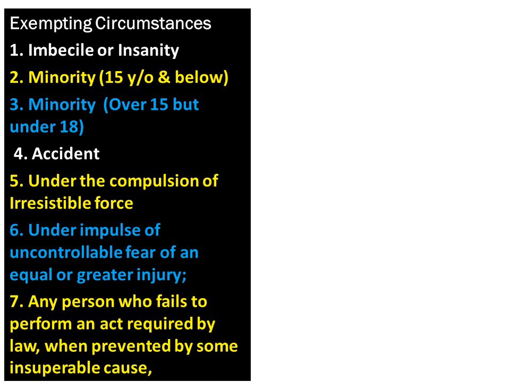So if the child, 16 or 17, commits a crime without discernment, he is just the same as 15 and below: exempted from criminal liability but subject to an intervention program, and the parents are accountable for the civil liability. But if he acted with discernment, he can be tried.